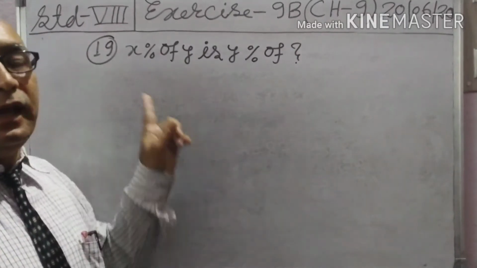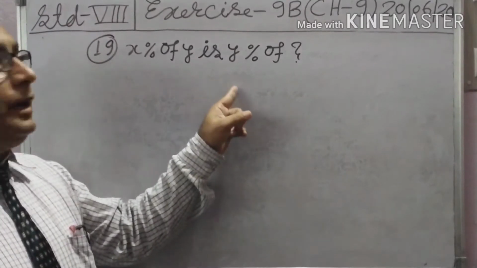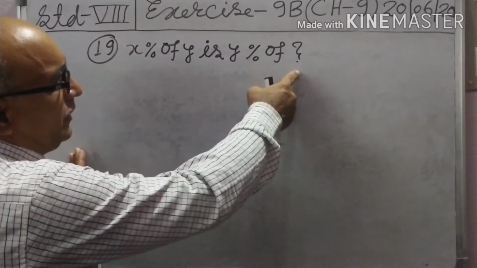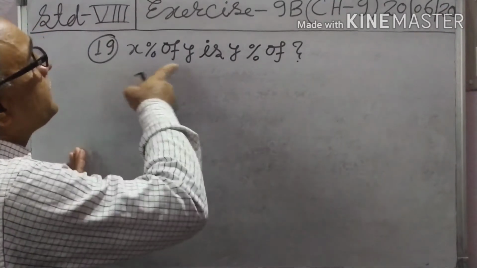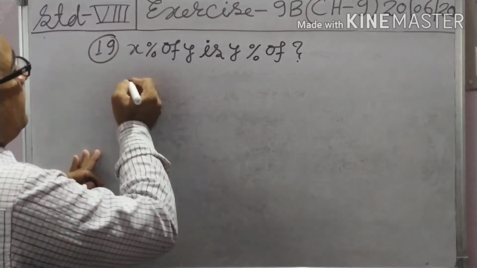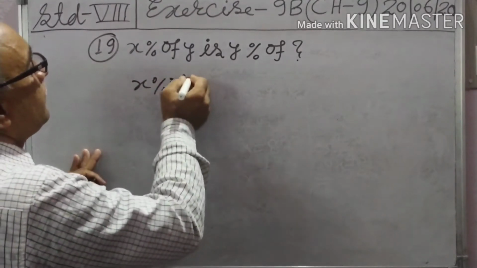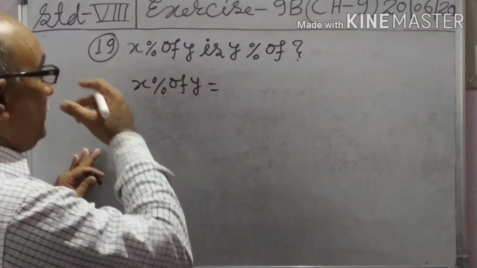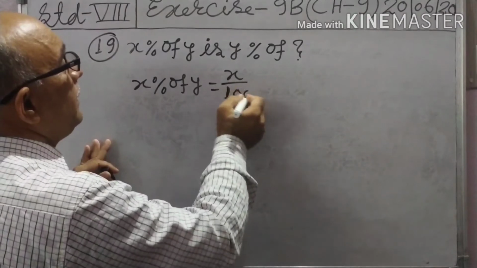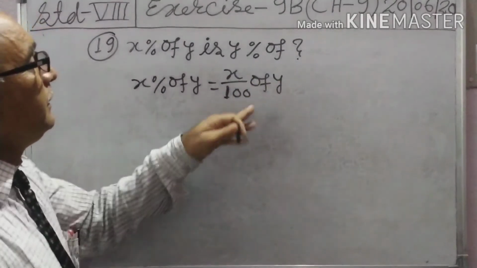X% of y is by percent of what? Here find the by percent of what? That means x% of y equal to what? So write it. X% of y equal to x% means x by 100 of y.